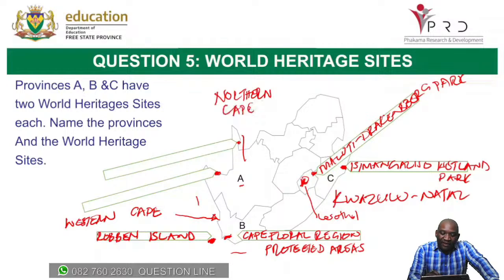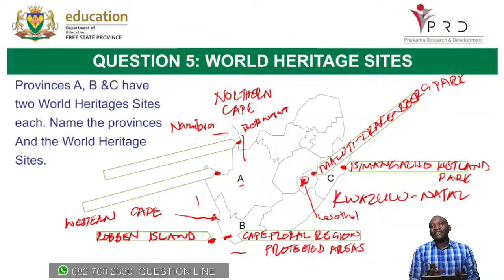If we can look, the other one is closer. It's actually surrounded this part. There's a country this side. The country that is this side is Namibia. And the country that is just above here is Botswana. So this particular World Heritage Site is actually surrounded by these two countries, Namibia and Botswana.